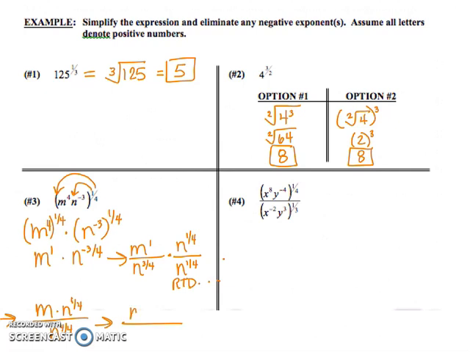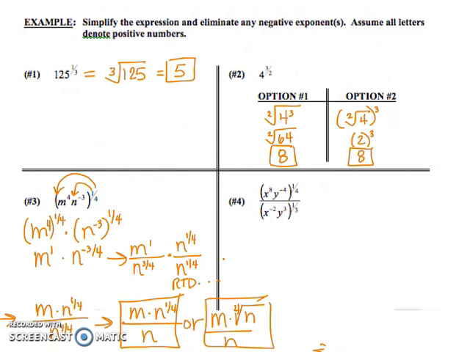So the final answer is m times n to the 1/4 power over n. We could also write that as a radical. That would be m times the 4th root of n, over n. And either one of these would be correct notation.